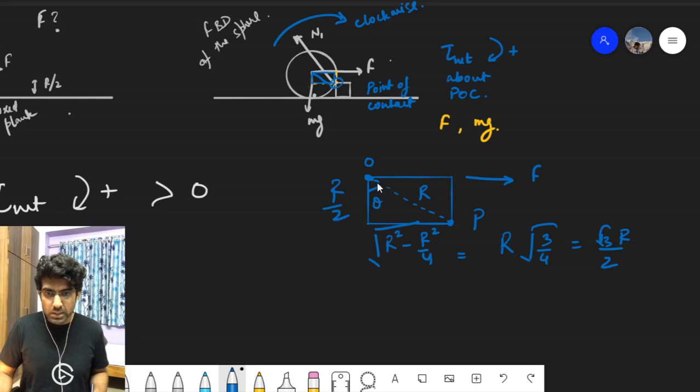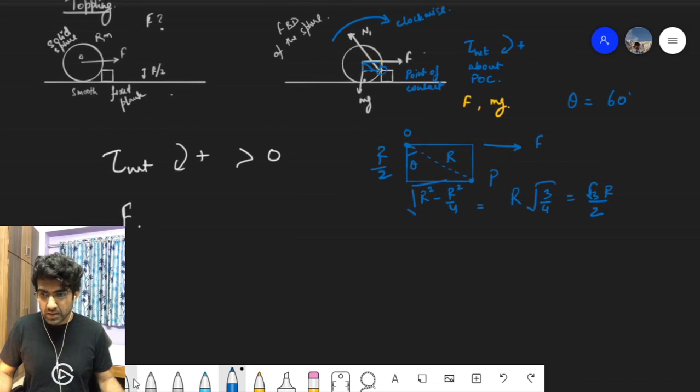So from here we can also see that r cos theta is r by 2, so theta comes out to be 60 degrees. If theta is 60 degrees, we have both the arms. Now this force is creating a torque F into the length of the arm. The arm for F is this height over here, which is r by 2.